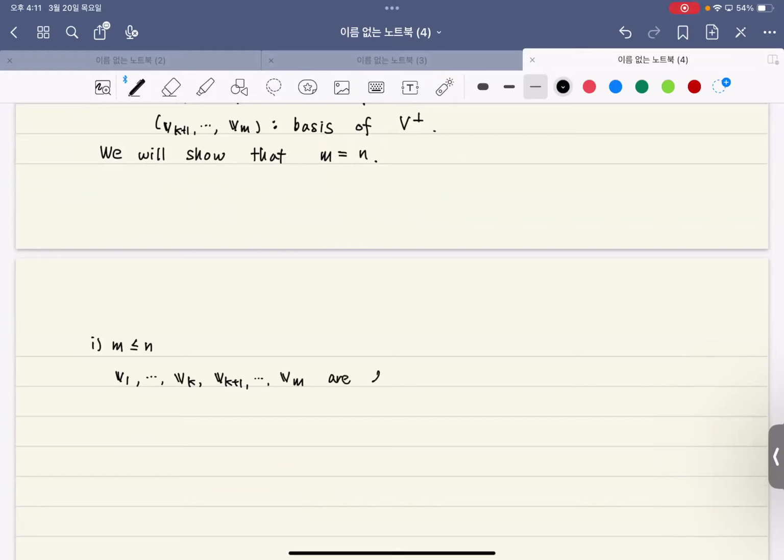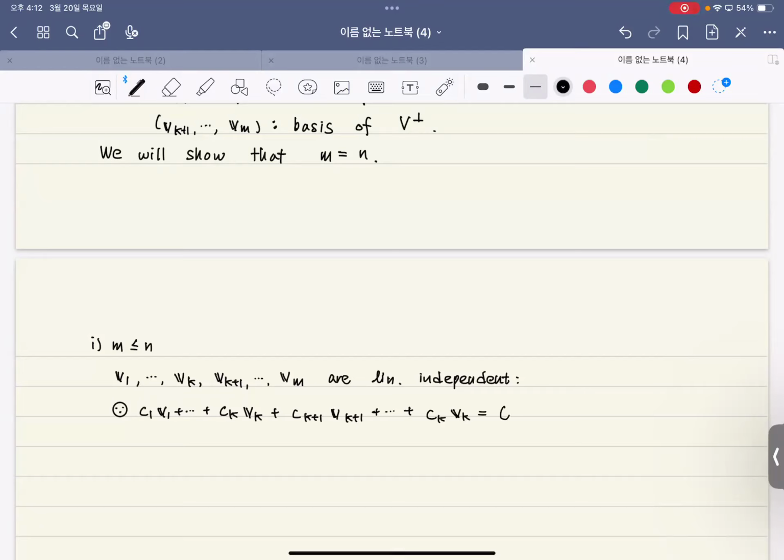So these are linearly independent. Because C_{k+1} V_{k+1} through C_k V_k.